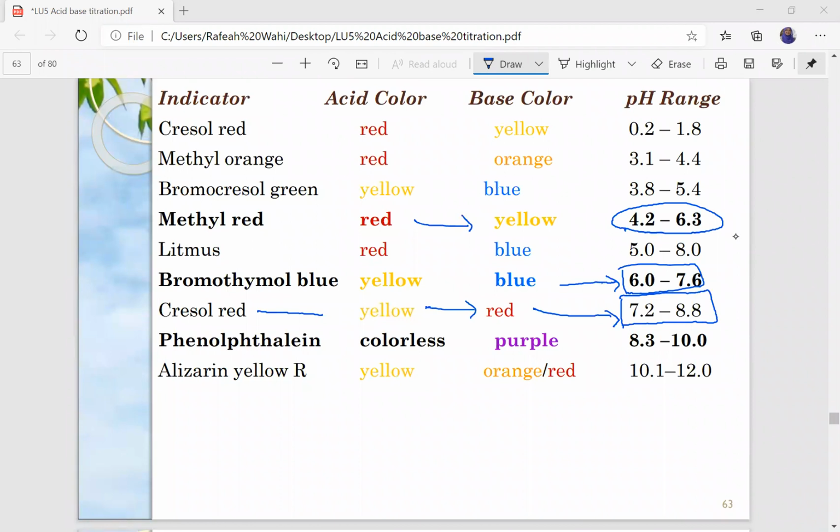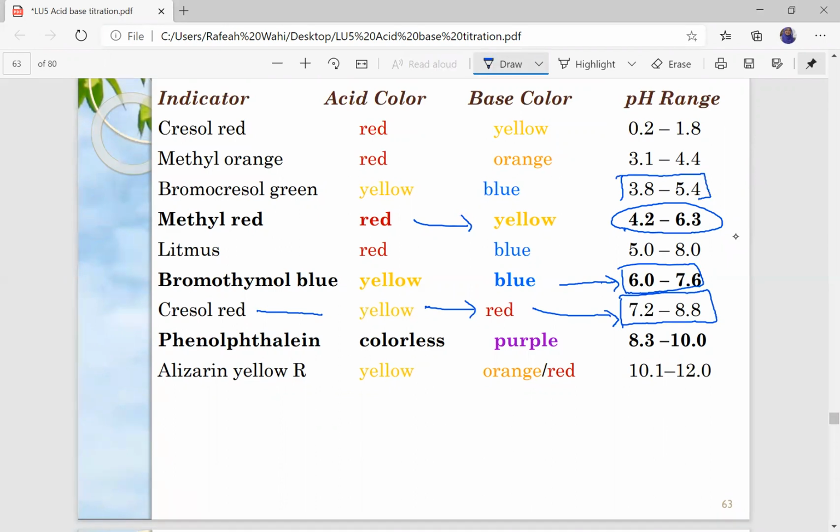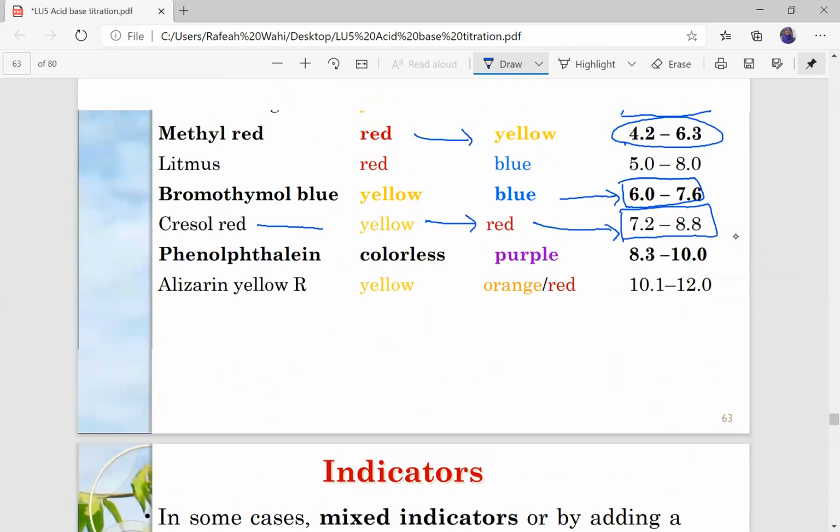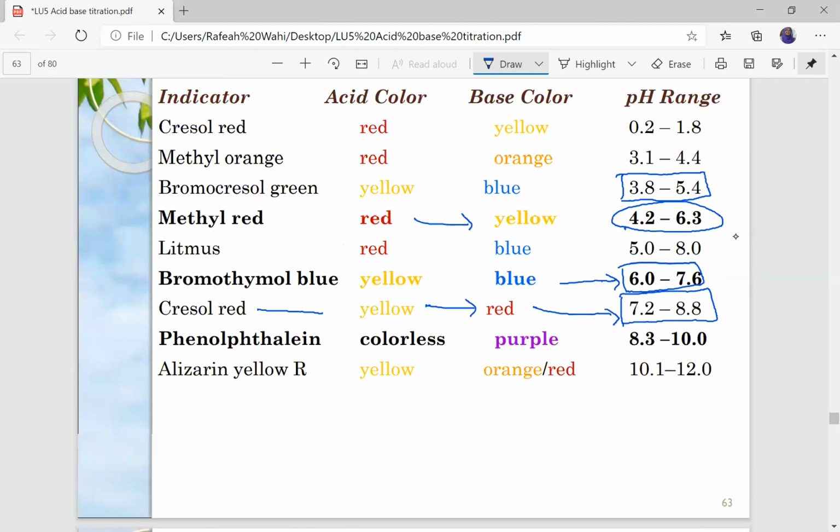If you look here, bromocresol green gives you a range between 3.8 to 5.4 pH range. Okay, and methyl orange gives you a pH range between 3.1 to 4.4.